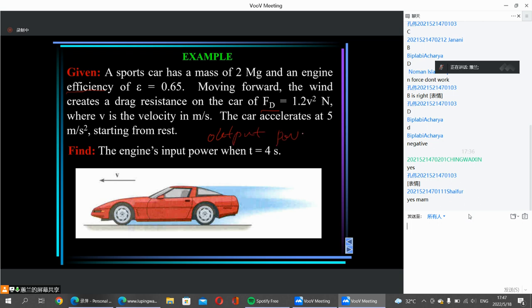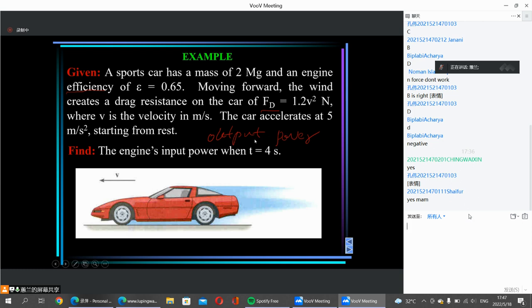power, meaning the power to drive the car, we can find out the input power, right? Because the efficiency is equal to the output power divided by the input power. So if we want to find out the input power, we need to know the output power.